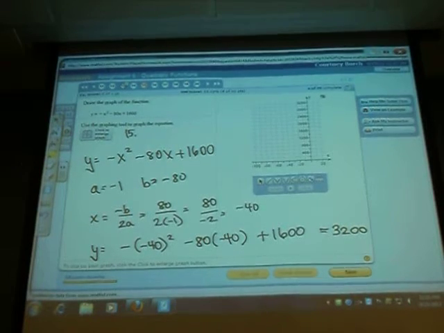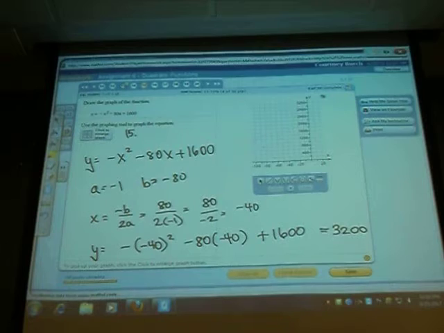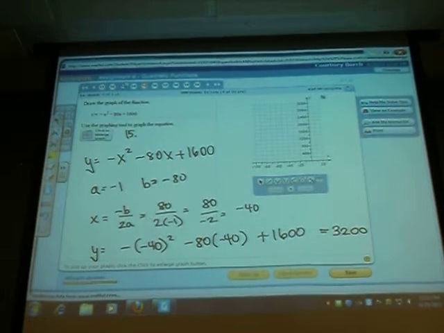No. You want to do it all at once. Okay, and then minus 80 times negative 40 in parentheses, plus 1,600. Now, if this is going to be squared, it's always going to end up being positive anyway, right? Okay, but how do you get this number right here? I've got a negative 40.